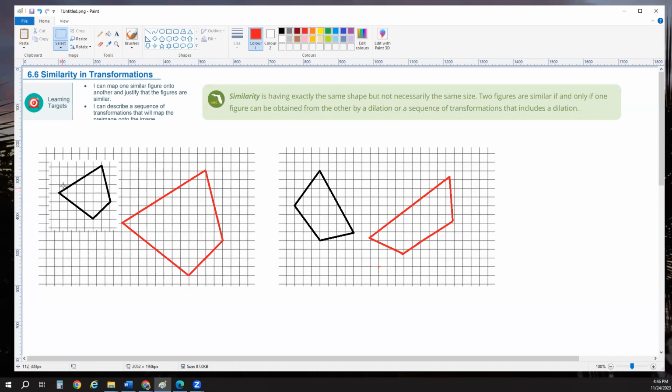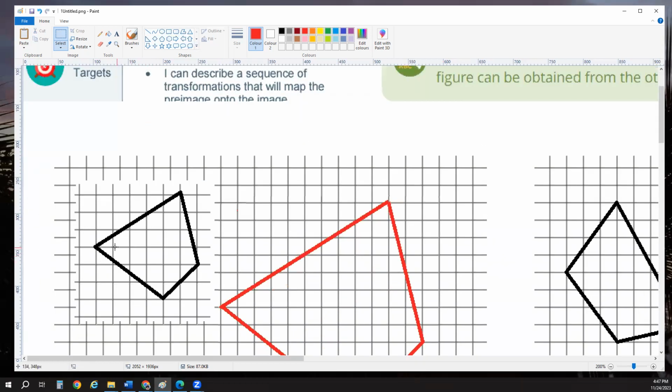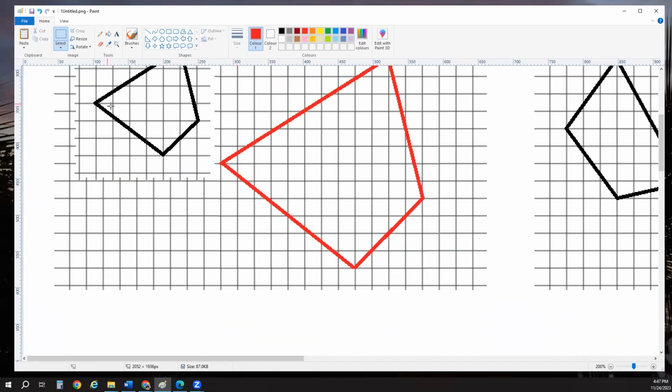Okay, and this is a 1 over and 5 up. Let me zoom in and count that again. So this is 1, 2, 3, 4, 5, 6. That's a 6 over, and 3 up. That's 2-to-1.